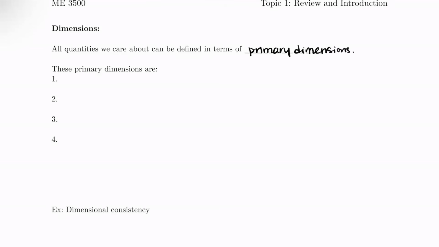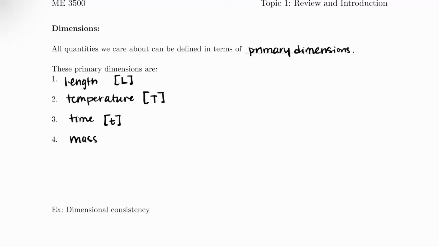Our primary dimensions, just like in 2500, are length, temperature, time, and mass. I will denote length as a bracketed capital L, temperature as a bracketed capital T, time as a bracketed lowercase t, and mass as a bracketed m.